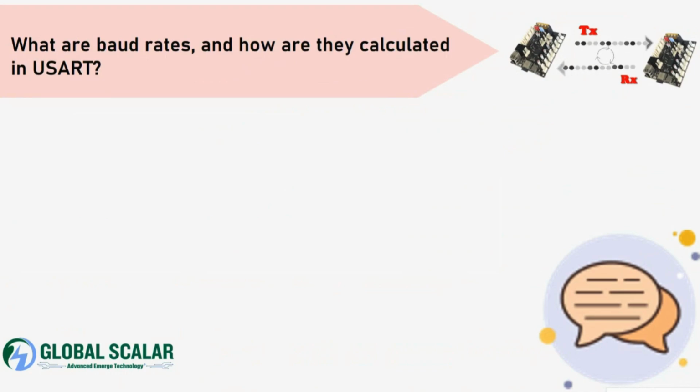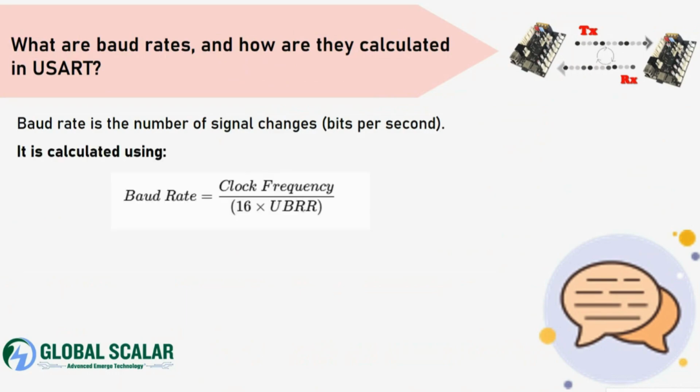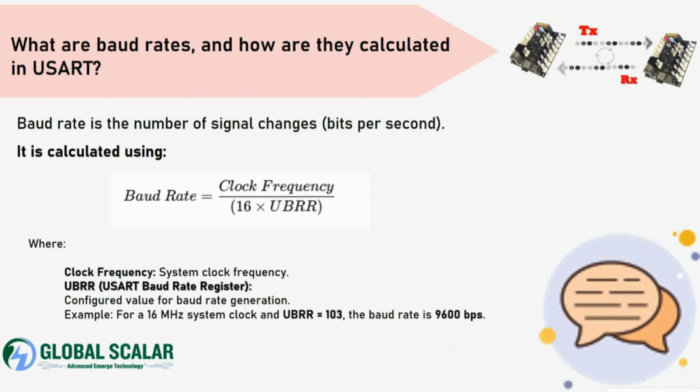What are baud rates? How are they calculated in USART? Baud rate is the number of signal changes, here referring to bits per second. It is calculated using baud rate equals clock frequency divided by 16 times UBRR. Here the clock frequency is the system clock frequency, and UBRR is the USART baud rate register, the configured value for baud rate generation.